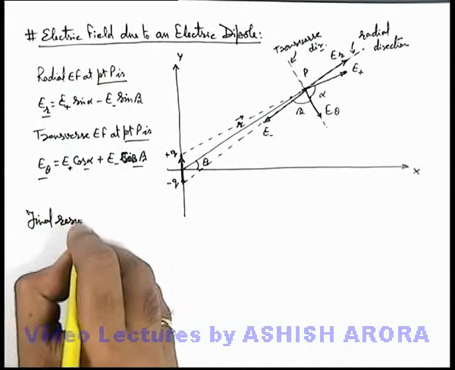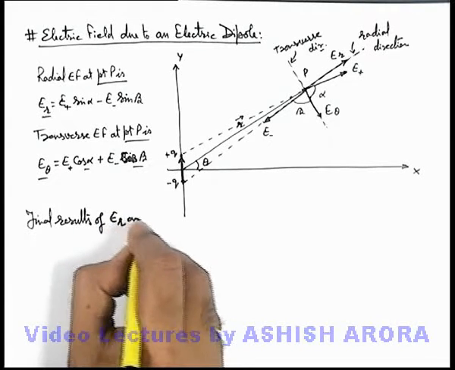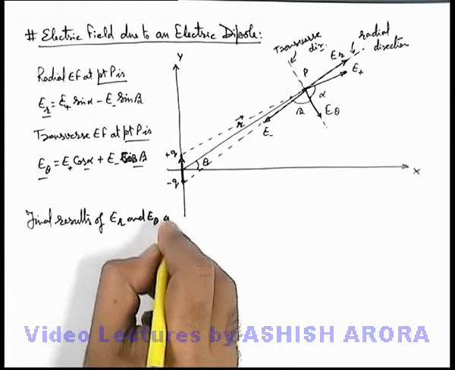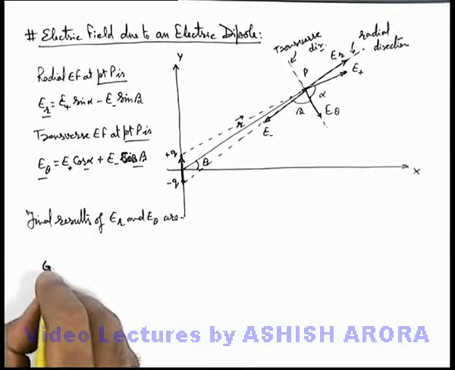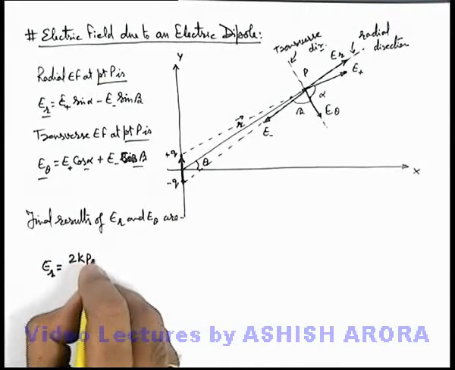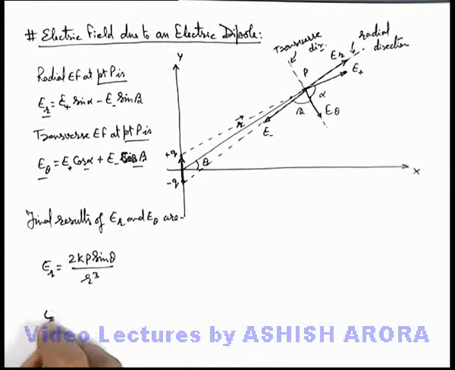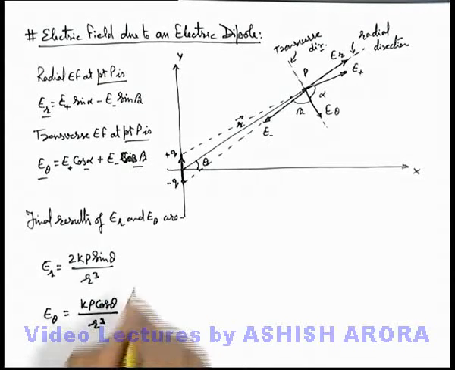The final results of ER and E theta are: ER will be 2 kp sin theta by r cubed, and the transverse component will be kp cos theta by r cubed.